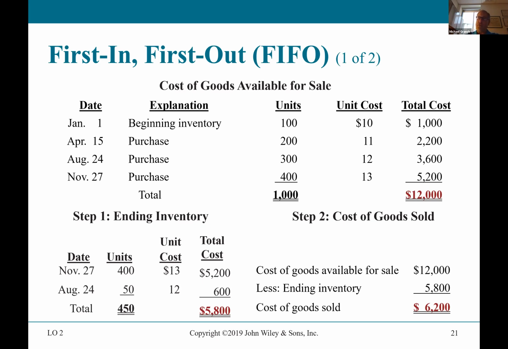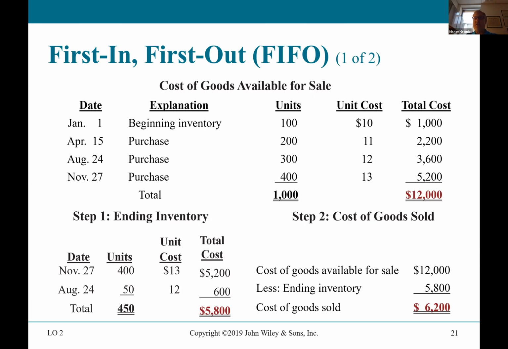But remember, there's 450 units in ending inventory, so I need another 50. I had to go into that next layer, the August 24th layer. There's 300 units there, but I only need 50 of them to get to my total of 450. So 50 at $12 is $600. So ending inventory is $5,800.